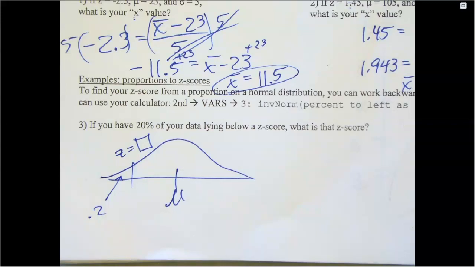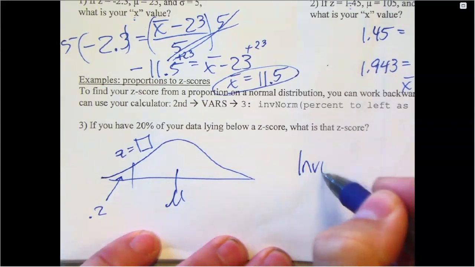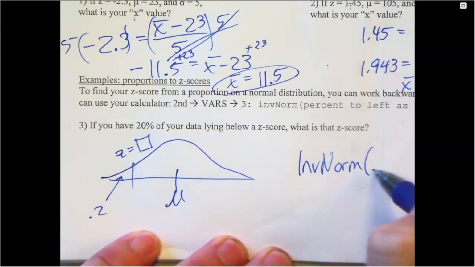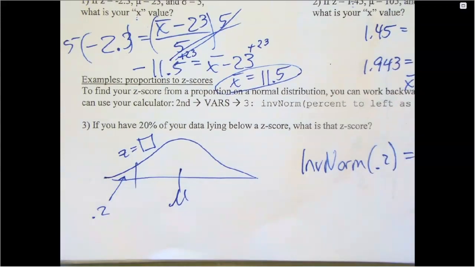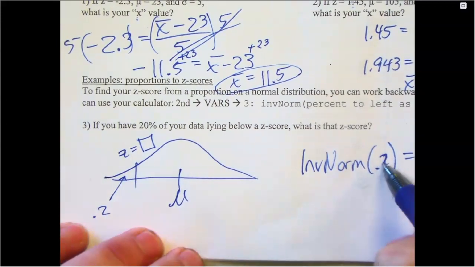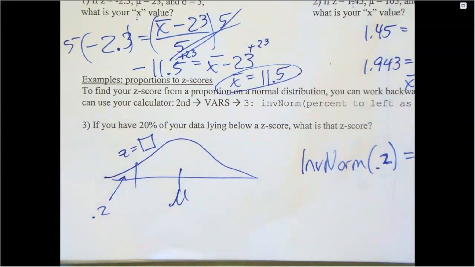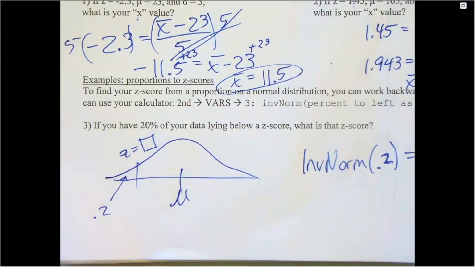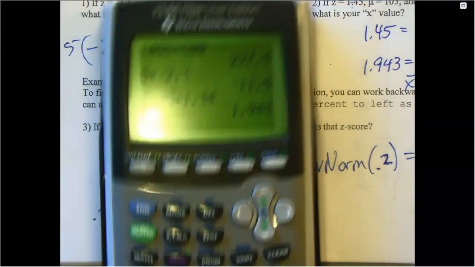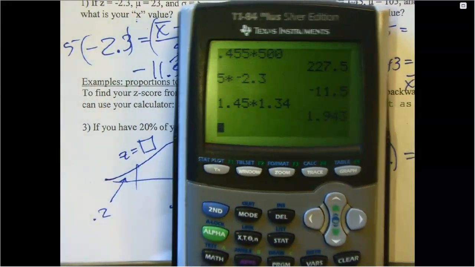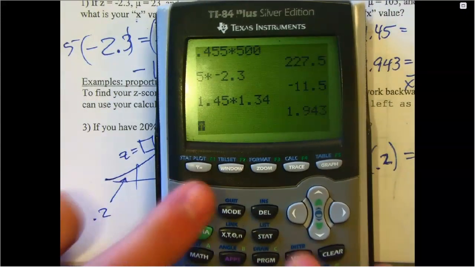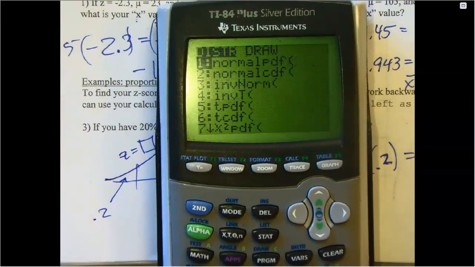And so you want to go backwards. So you're going to do inverse norm of 0.2, and it'll tell you the z-score. Inverse norm is in the same menu as the normal CDF. So second, dist, whatever.